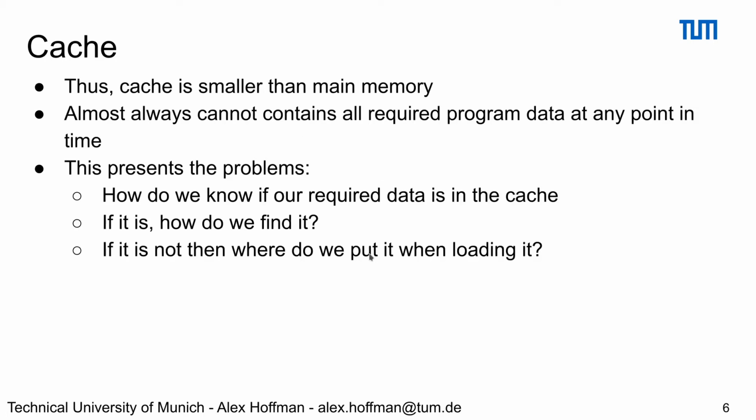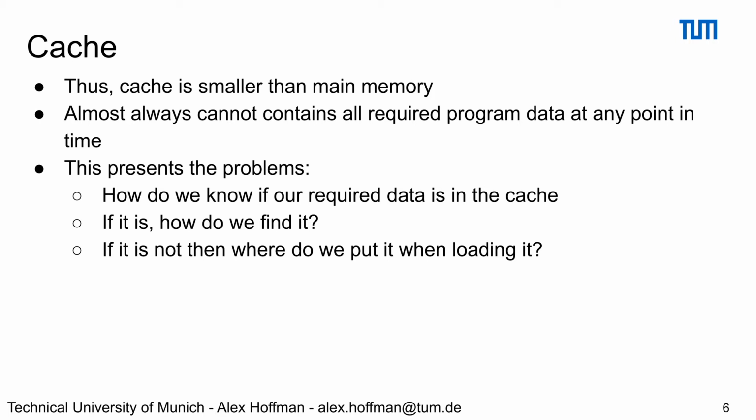So we'll now focus on cache. It's smaller, and obviously it can't contain an entire program. Given modern caches are a few megabytes, if the program is really simple you might be able to contain it, but generally you can't contain all of the required data in your cache at any point in time.